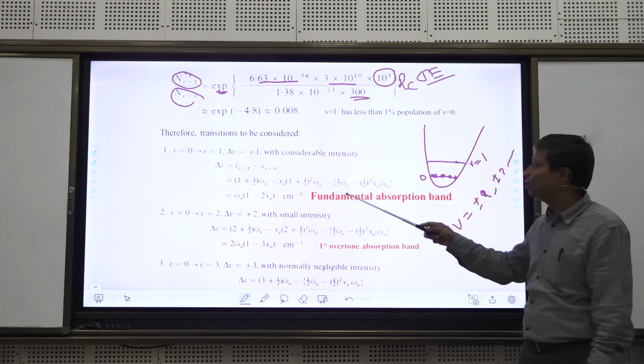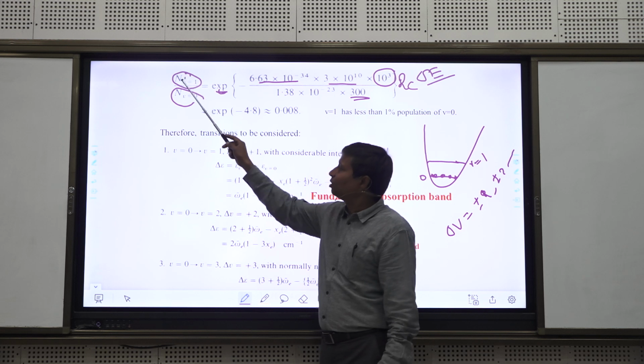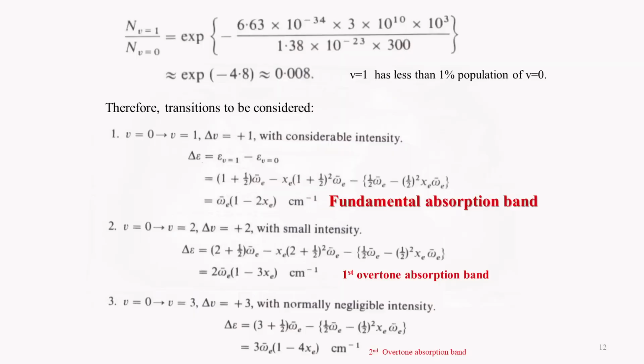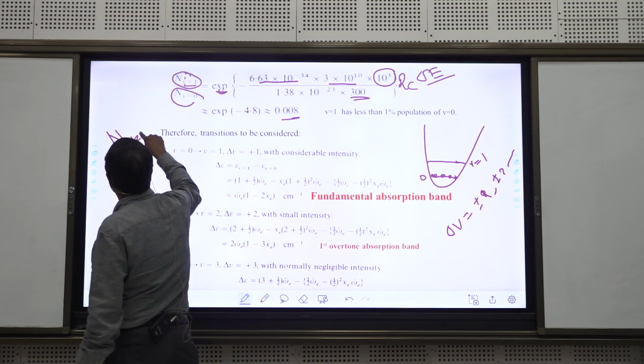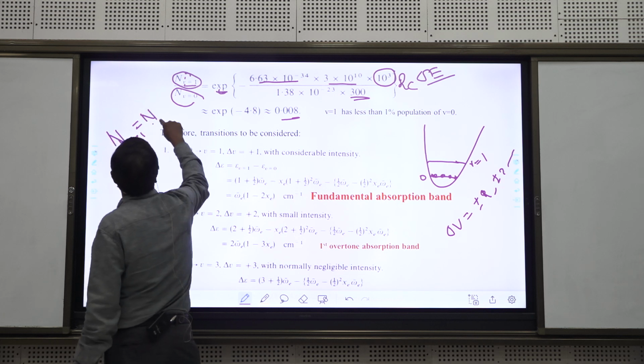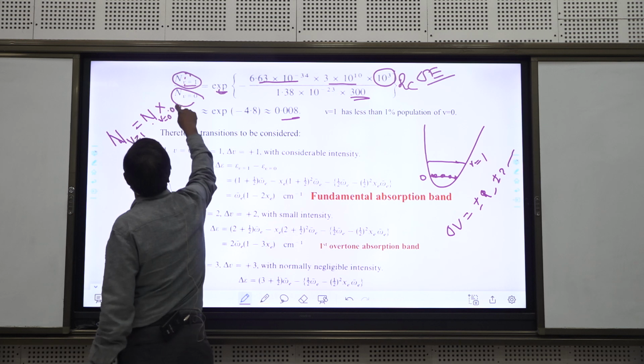If you see this, the population at v equal to 1 is not even 1%. It is less than 1%. This means that N at v equal to 1 is N at v equal to 0 times 0.008.